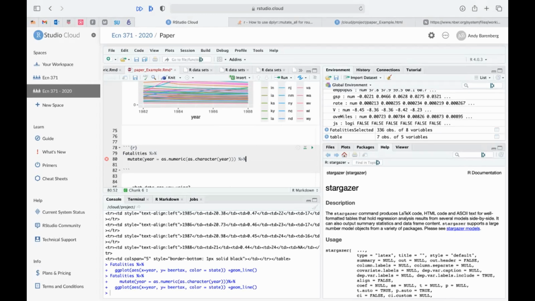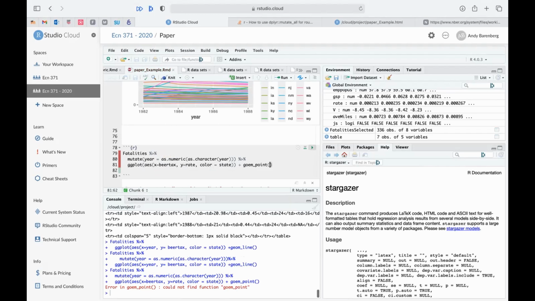And then we want to do our ggplot. We need to set our aesthetics. This time, we want our x-axis to be the beer tax, and the y-axis to be the fatality rate, which is just called rate. We still want states organized by color. I think we probably want this as a point, geom point.